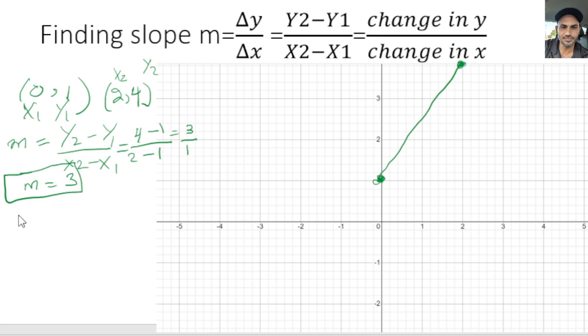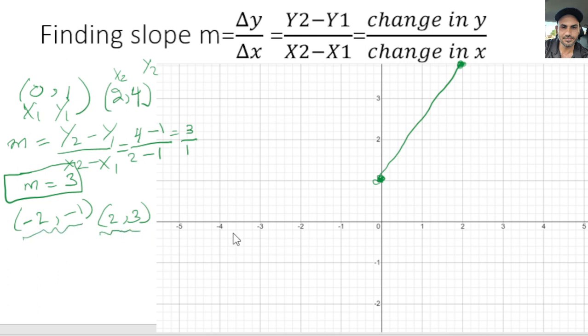So let's take another segment connected by these 2 points: negative 2, negative 1, and the other point is 2, 3. This is the first point and this is the second point.